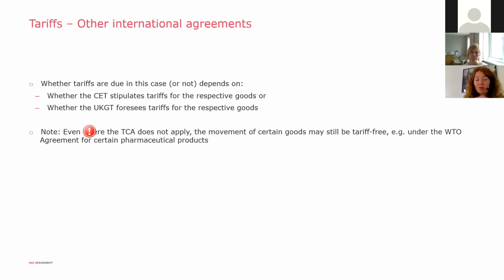It provides many zero tariffs for many different pharmaceutical products, but not to the extent that one could wish for. And so it's good to see that we also have other requirements in the TCA for those products that aren't captured in particular by the WTO agreement for some pharmaceutical goods.